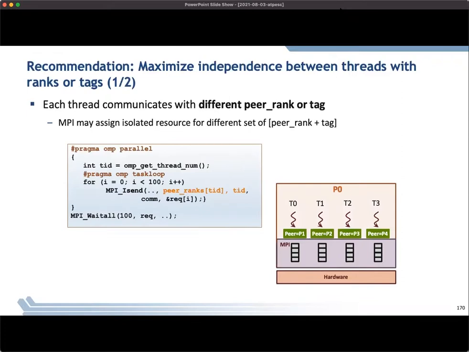Another way to expose this kind of threading parallelism, instead of using different communicators, is using different peer ranks and tags.